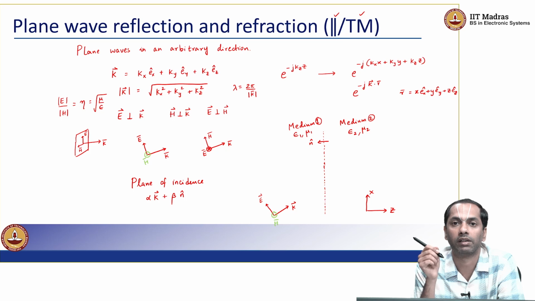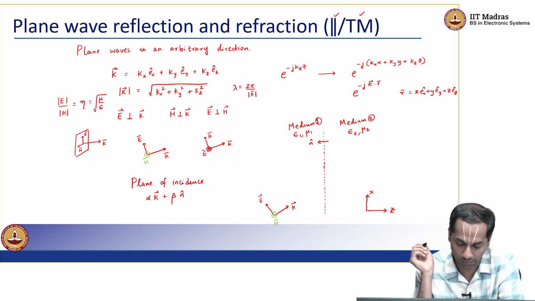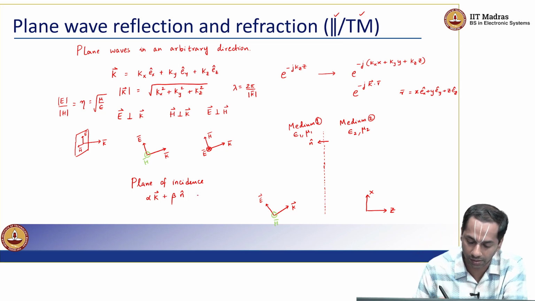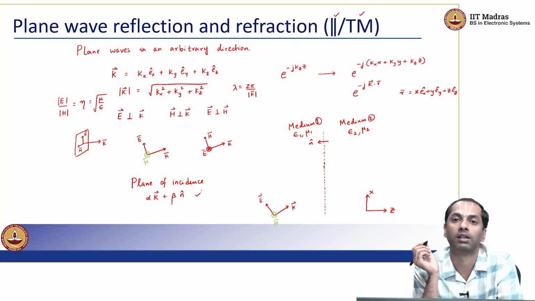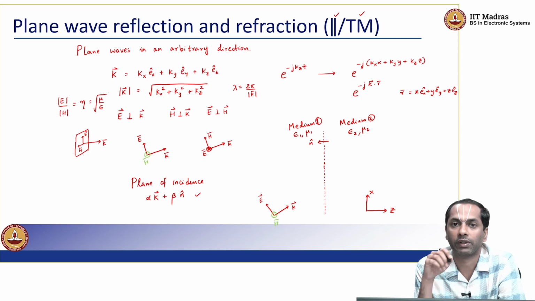This, in combination with a plane wave whose direction of propagation is k bar, can define a plane, and this is the plane of incidence. This is again a definition. A linear combination of the vectors n cap and k vector can define all the points in the plane in which we are drawing.